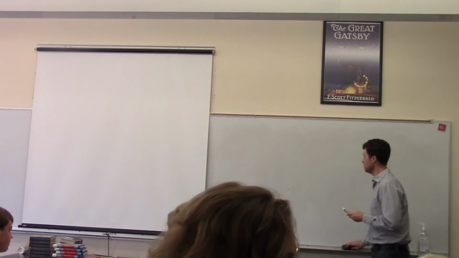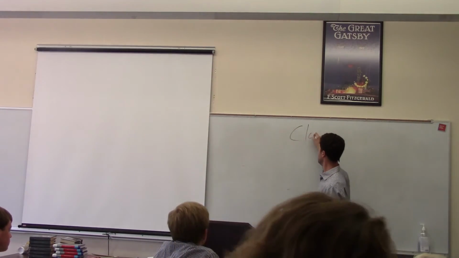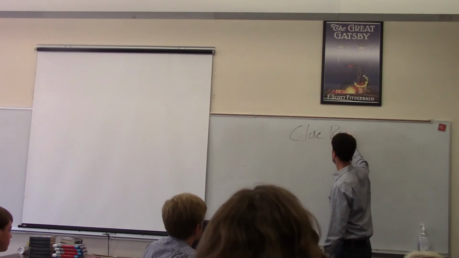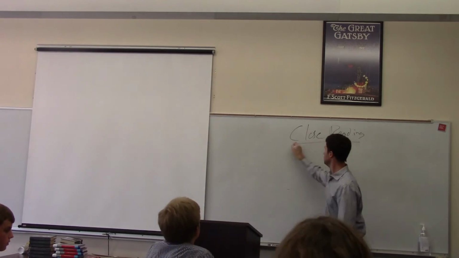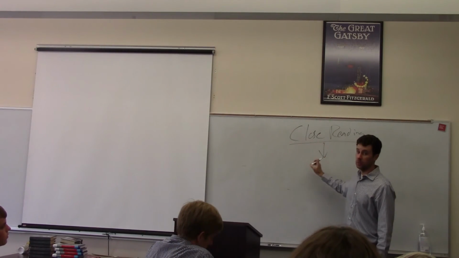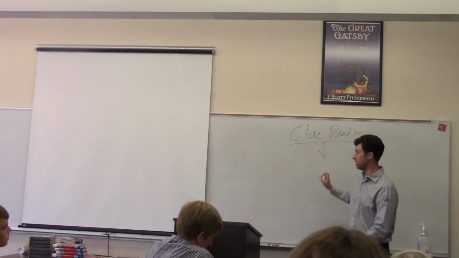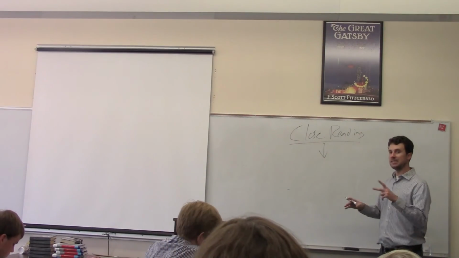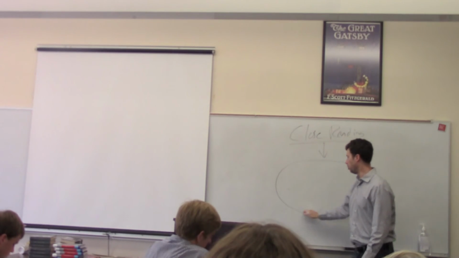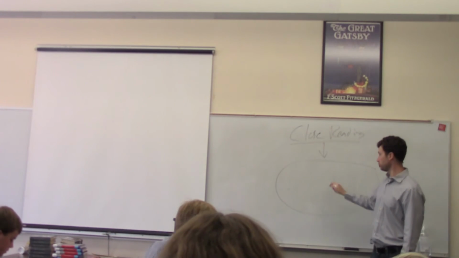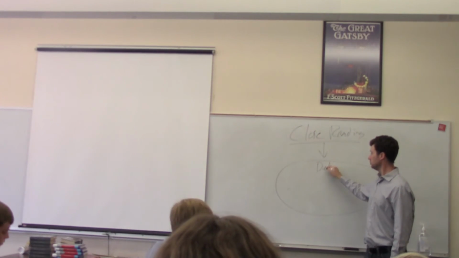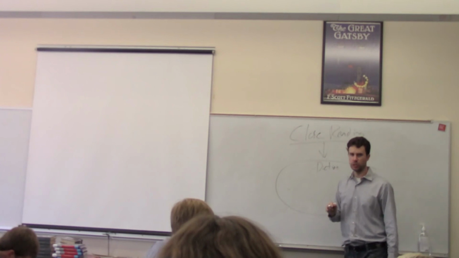But, a close reading, and by the way, this is going to be hugely important both with Hamlet next Tuesday and with poetry next Thursday. The close reading takes the text as a bubble. It looks first of all at the diction. What is diction?